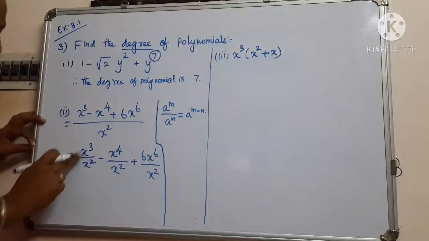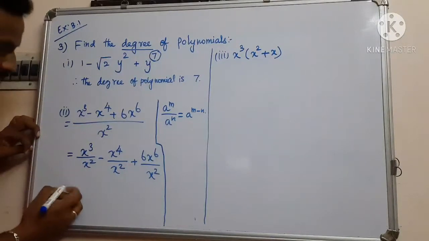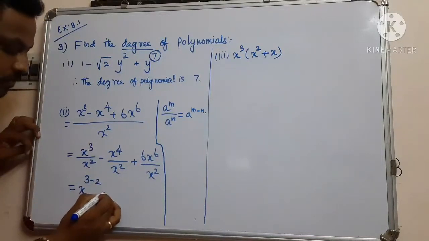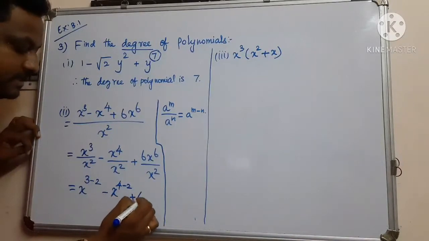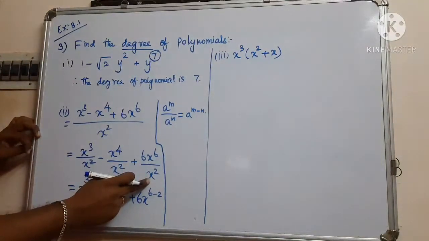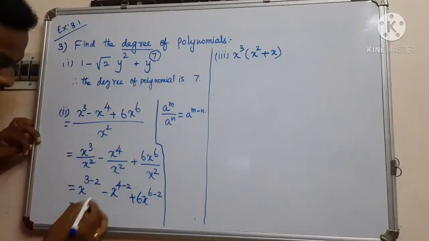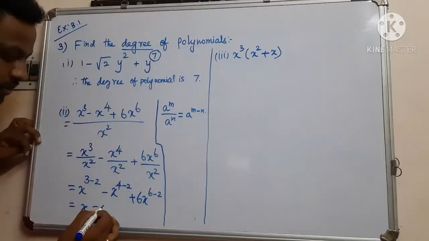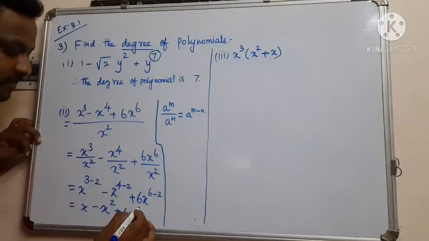Same here, x power 3 divided by x power 2. x is the base, x is common. So x power 3 minus 2, minus x power 4 minus 2, plus 6x power 6 minus 2, because the bases are the same and the powers are different. Now x power 3 minus 2 means x power 1. So you write x minus x power 2 plus 6x power 4.